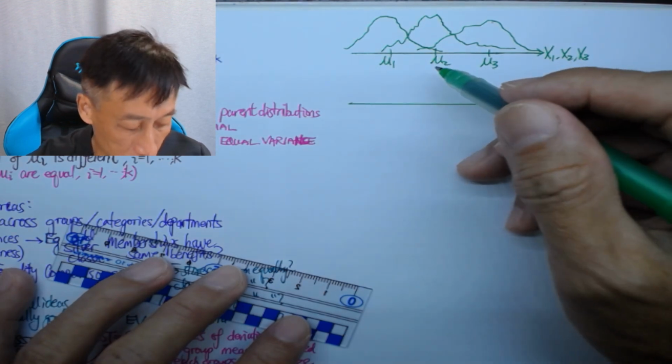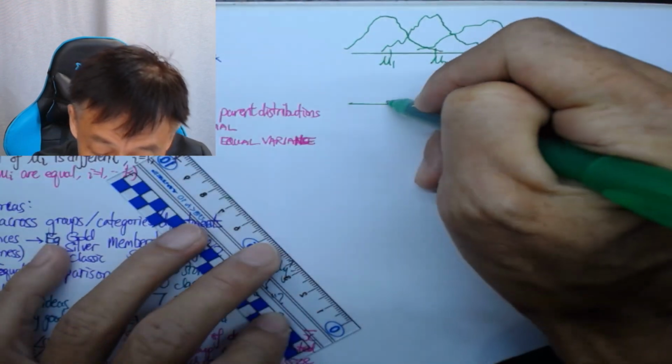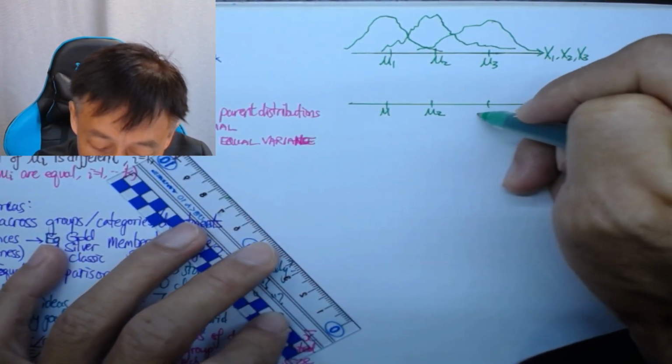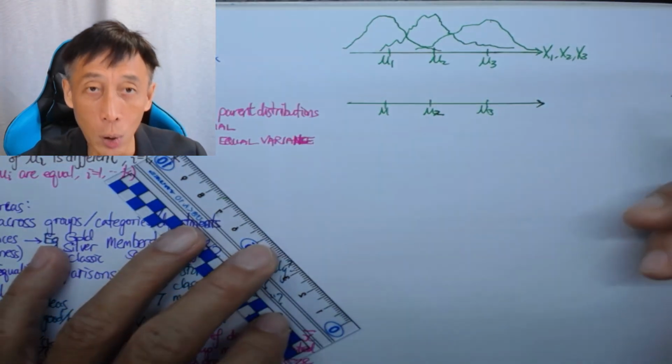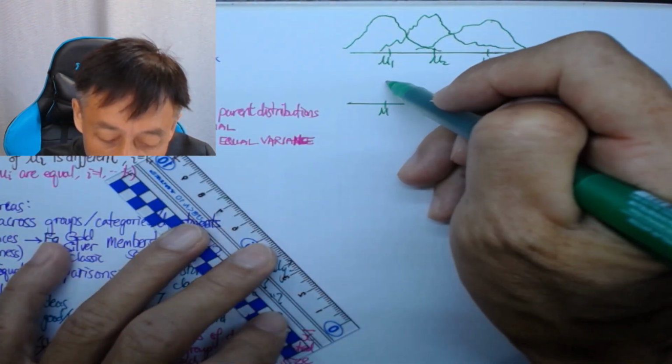So let me just talk about two cases. One case is when we have mu1, mu2, mu3, but the spread of the deviations are so large, so nebulous, right?